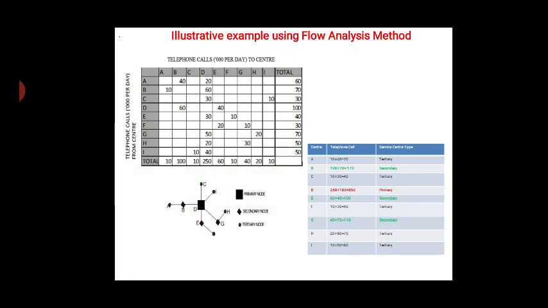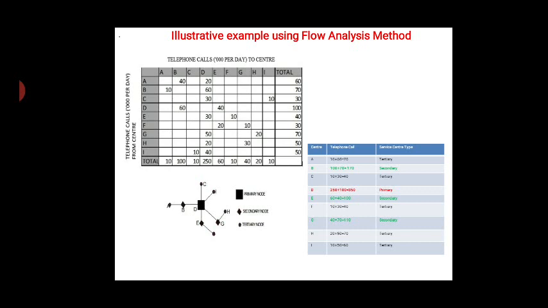This is an example for analysis of flow analysis methods on the basis of telephone calls. Here the matrix A to I, and the telephone calls received are maximum in service center D, which is the primary service center.